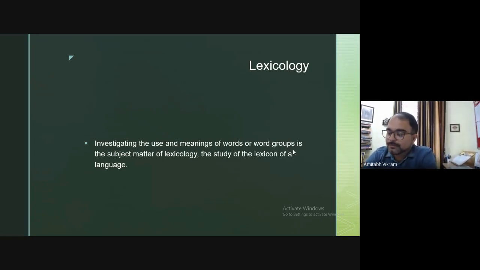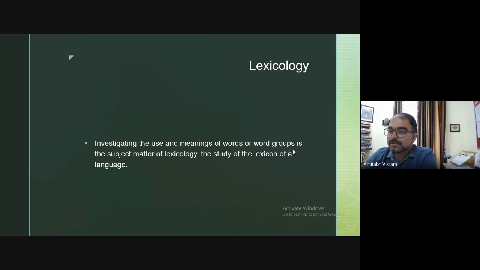For example, there is a word like companion. Now, this word means someone who is your partner, your companion. But when we look at the origin of this word, the etymology, we find that it has been derived from the Italian root com.